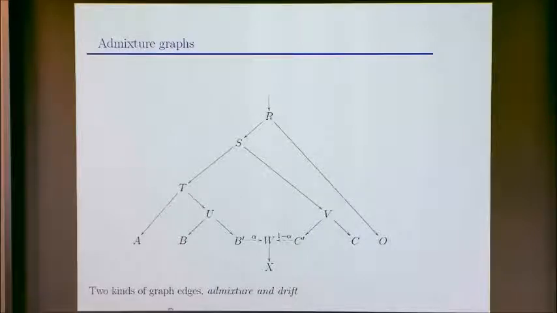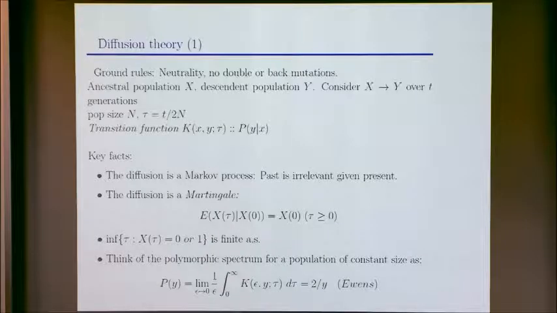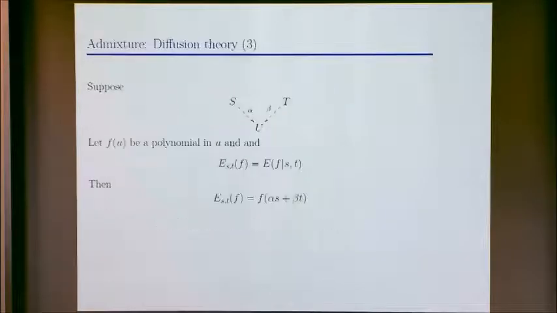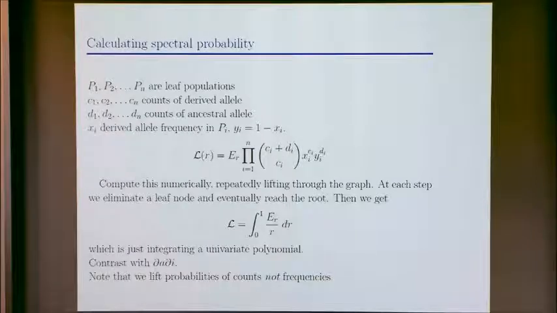Remember that our ground rules for now are no new mutations. Right? So no new mutations arose on this tree down here. All right? And it's now rather clear what I do. I have this polynomial in leaf variables x, right? I pick one of the leaf populations, and I apply my lifting rule.